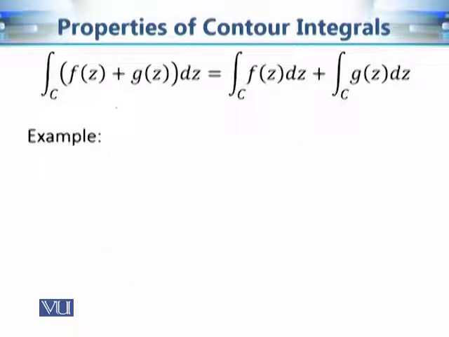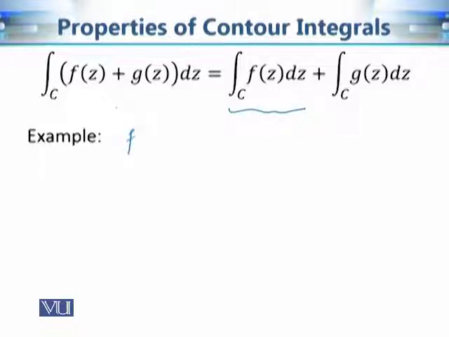Now moving on to our next property, if we have two complex valued functions f(z) and g(z), and we want to evaluate the contour integral along the contour C, then we have the relationship that we can separately evaluate them and then add the answers.